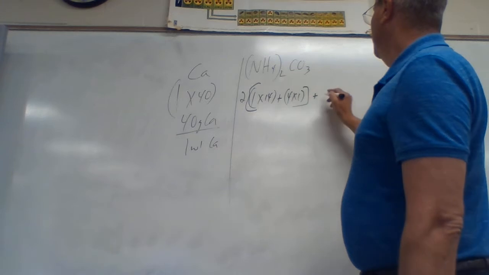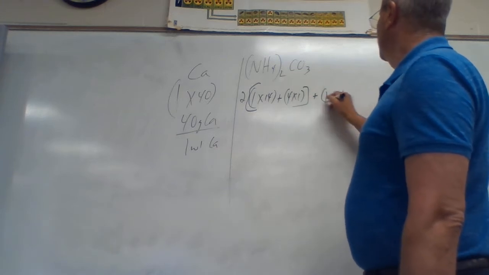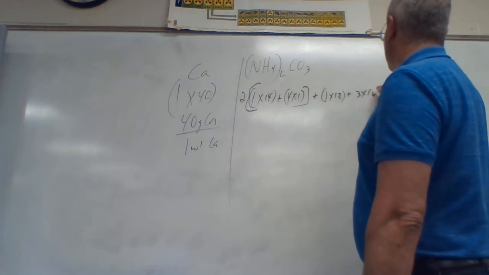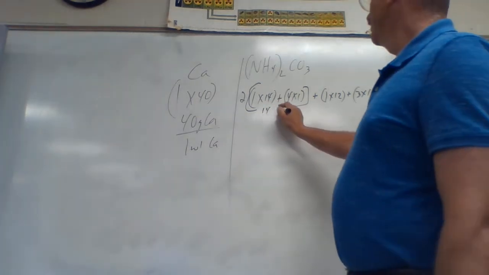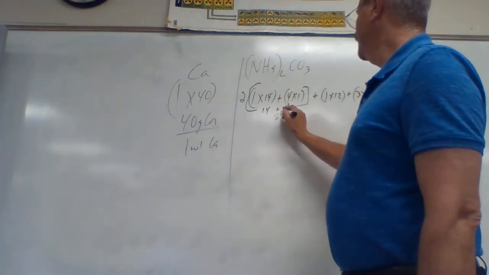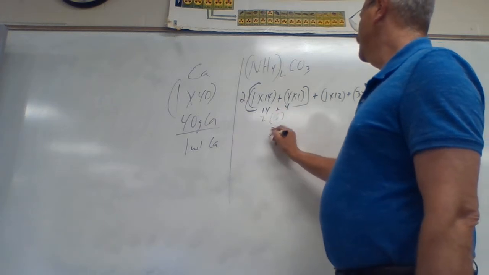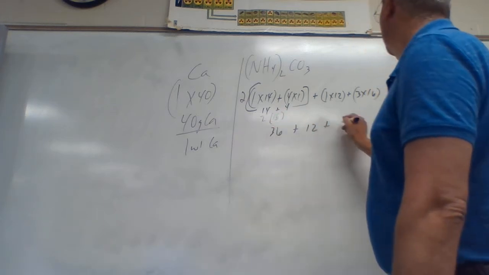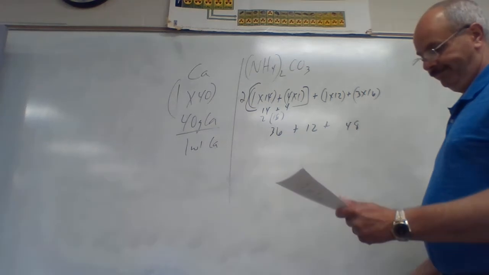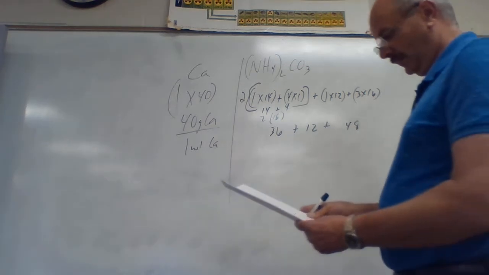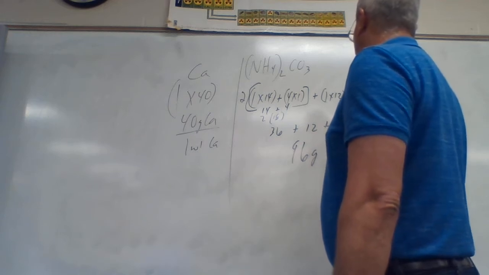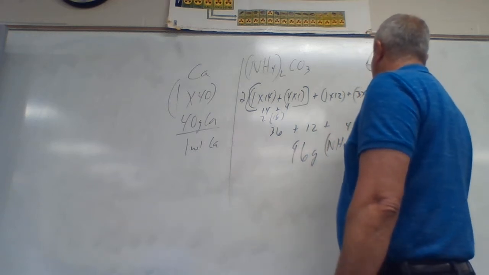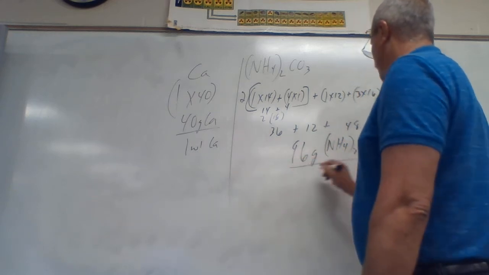Now we're going to add that to 1 carbon times 12, plus 3 oxygens times 16. So if we multiply this out, we've got 14 plus 4, so that's 18 times 2, so that's 36, plus 12, plus 48. So we're going to turn out to be 96 grams of (NH4)2CO3 per 1 mole of it.